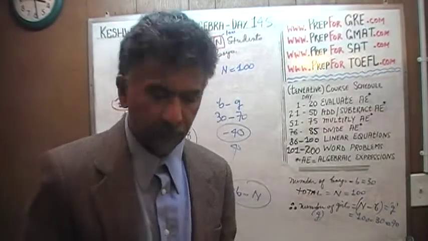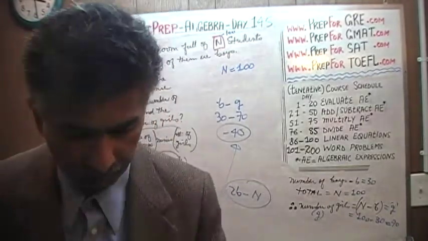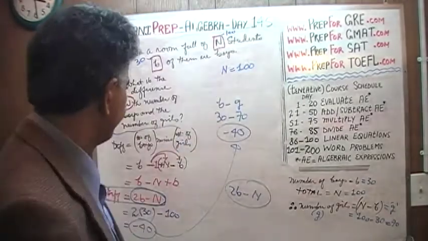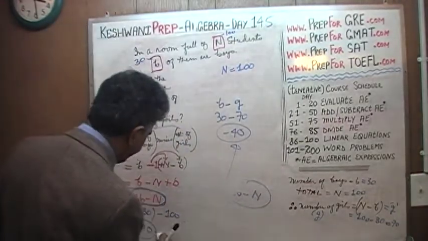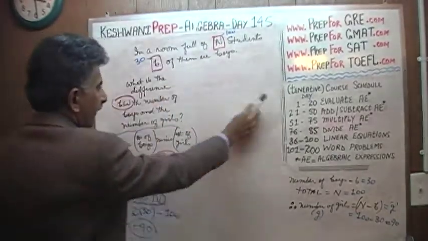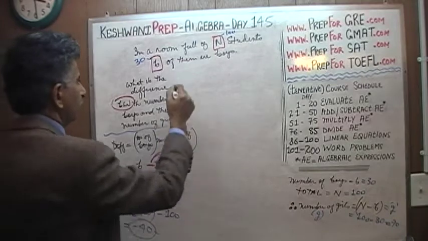Let's do the same problem again one more time, but we're going to phrase the question a little bit differently. Here's the question. In case you were wondering why I was saving this room here, now you know. Let's do the problem one more time.